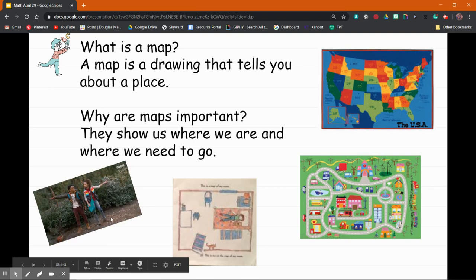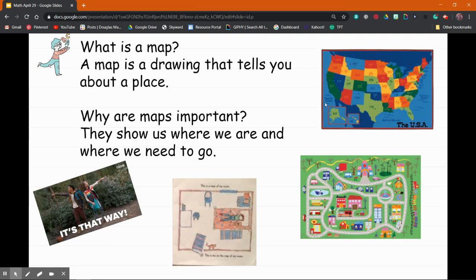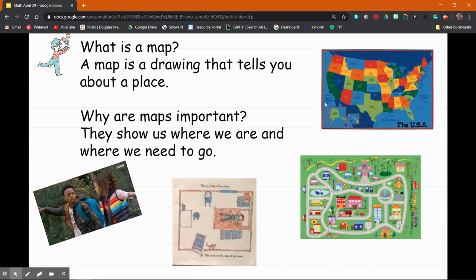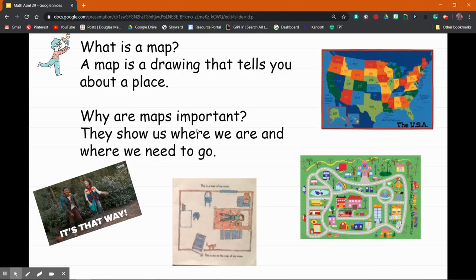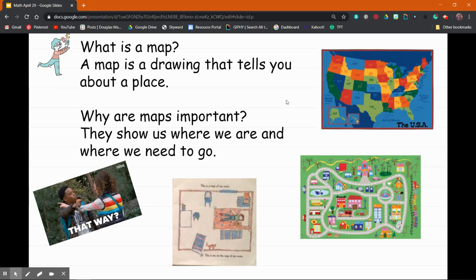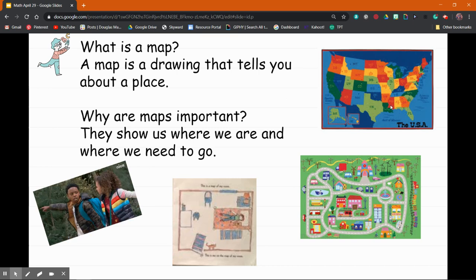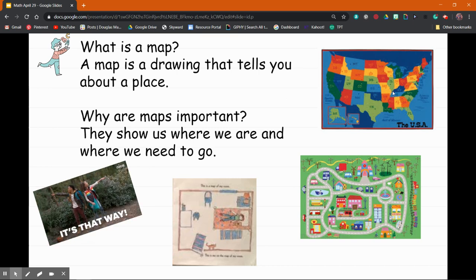I think so. So maps are really cool because maps can show us things like the United States. Think about the United States. It is a very large country, but this map helps us see all of the United States in one place, and it helps us understand where states are located.